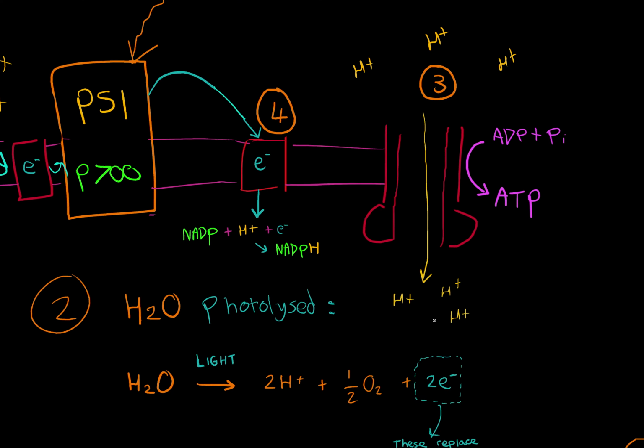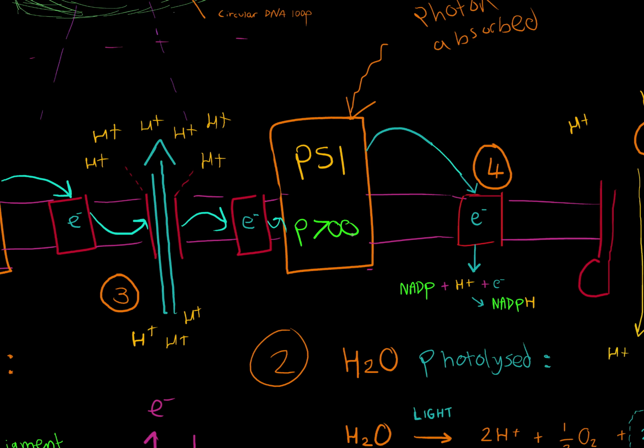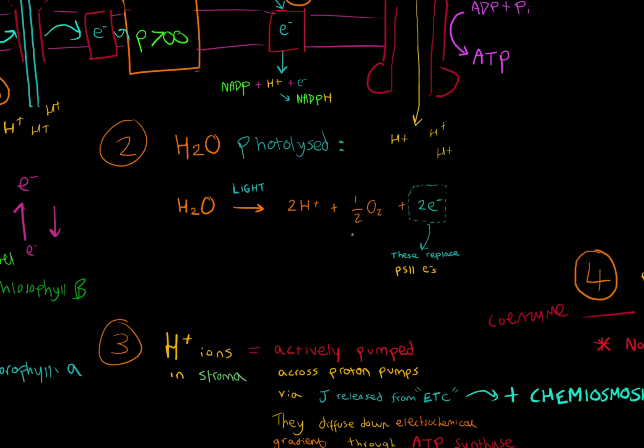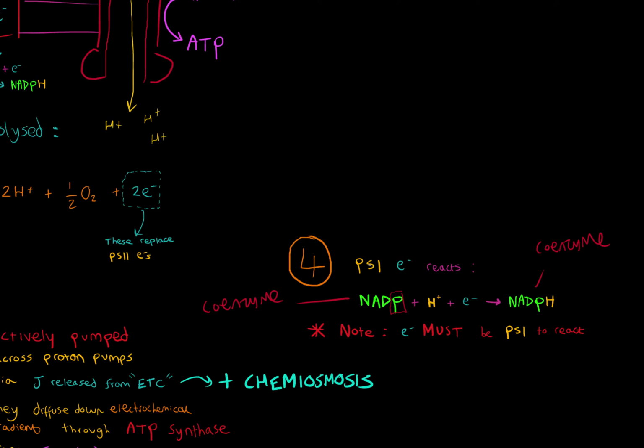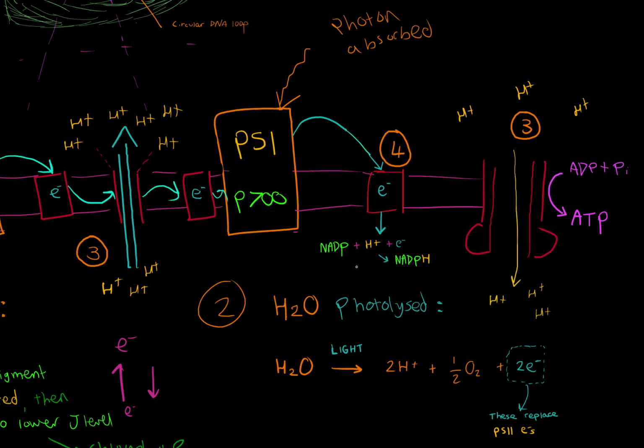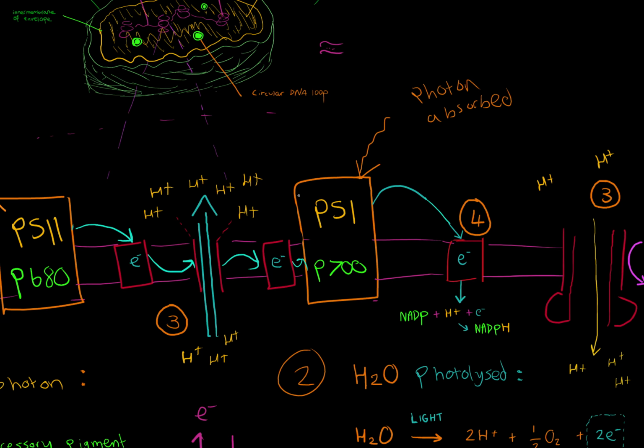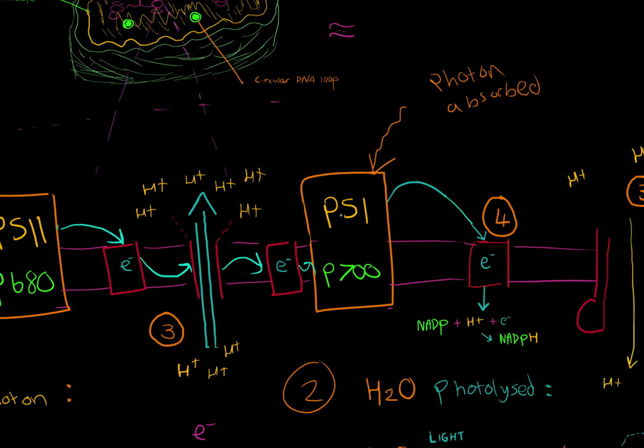But for stage four, I want to bring your attention up here to where we have PS1, because stage four is the last stage of this, and it includes photosystem one.